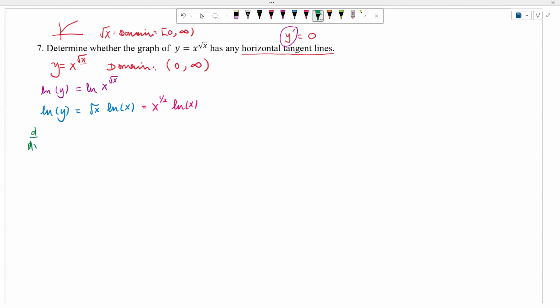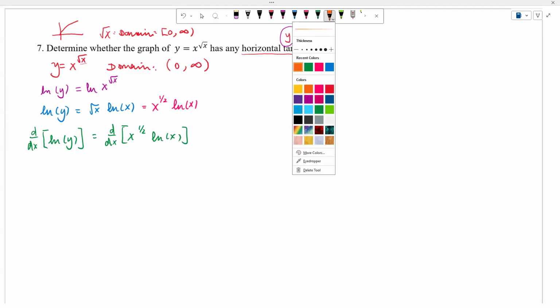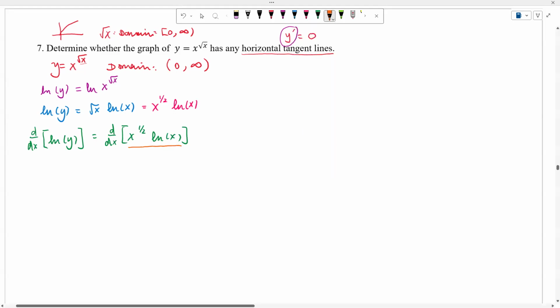Then now I would like to take the derivative with respect to x to both sides of the equations. Then again, remember we need to apply the product rule here. So I have y prime over y equal to the derivative of x to the 1/2 times natural log of x plus x to the 1/2 times the derivative of natural log of x.